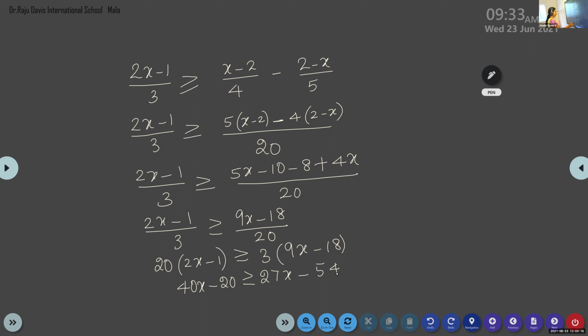When you take all the x to one side, 40x minus 27x is greater than or equal to negative 54 plus 20, isn't it? What is the answer?